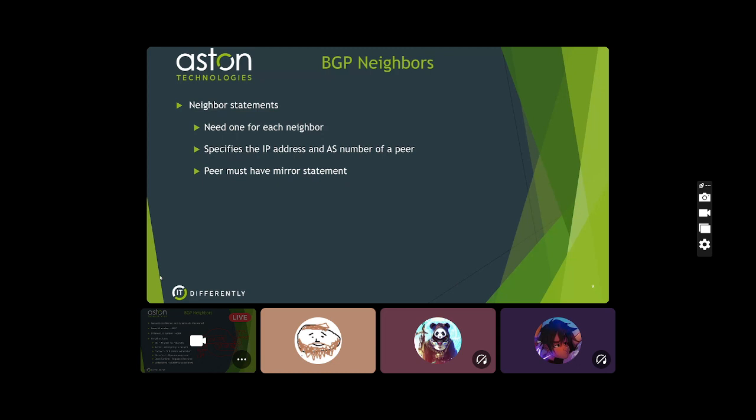So it specifies the IP address and the autonomous system number of your peer. And that peer must have that mirroring statement, like in the example that I drew up. So I say, I am Joe, I have autonomous system 169. I'm looking to form a neighbor relationship with Alex, who is Comcast. You should be autonomous system number 7922.